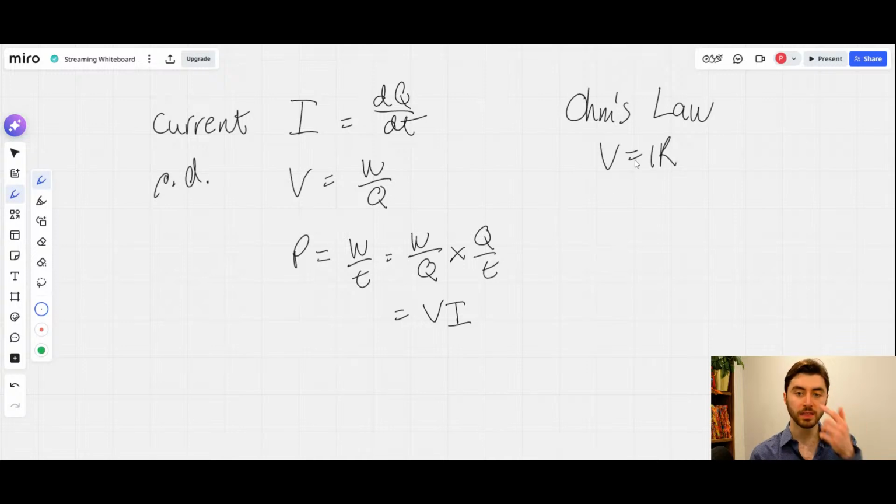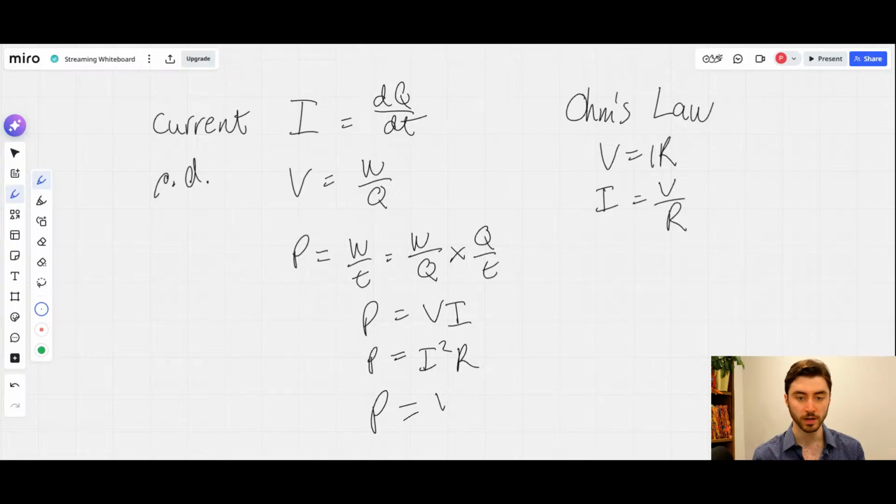And by plugging that in, I is also equal to V over R. And by plugging in this V and this I into this equation for P, you can form the other two forms of this equation, P equals I squared R, and P equals V squared over R. So these are the equations that I would have expected you to come across in GCSE.